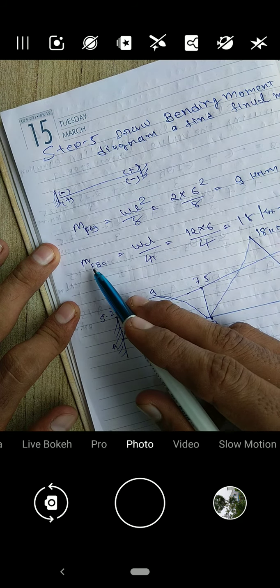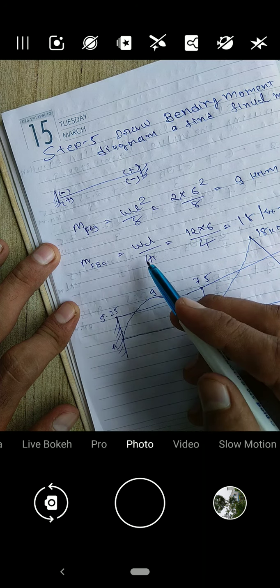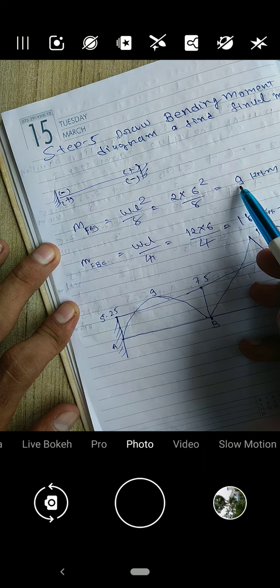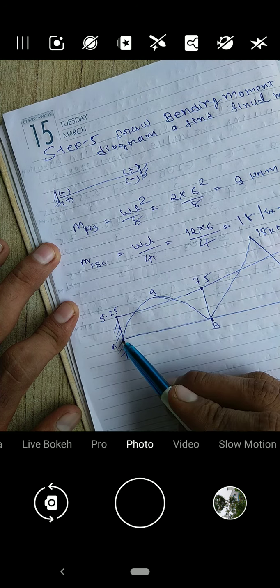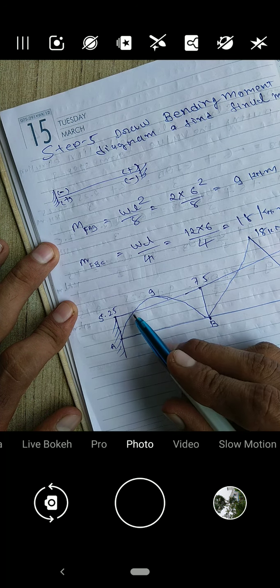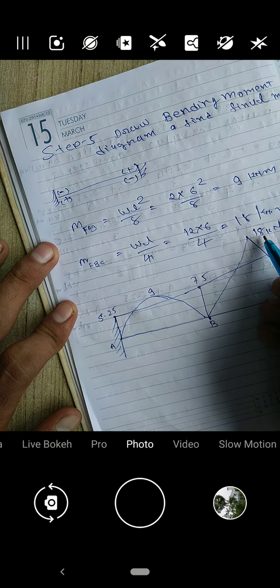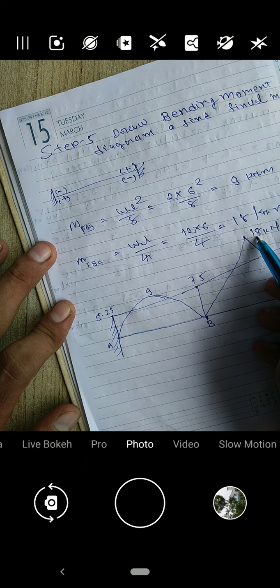Similar way we find the final moment for BC. There is a point load, so WL by 4, 9 kN, 18 kN we already found. So we put the diagram here. First we find this UDL, because it's 9 UDL, so it's parabolic, then 18 kN with equal distance, so we put here 18 kN per meter.